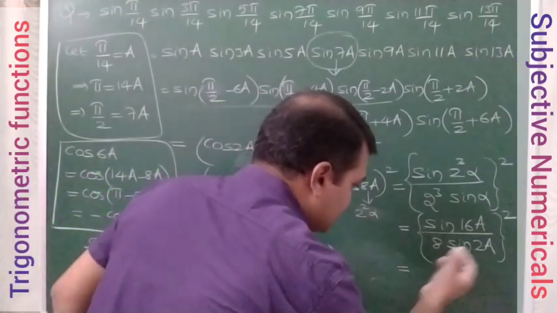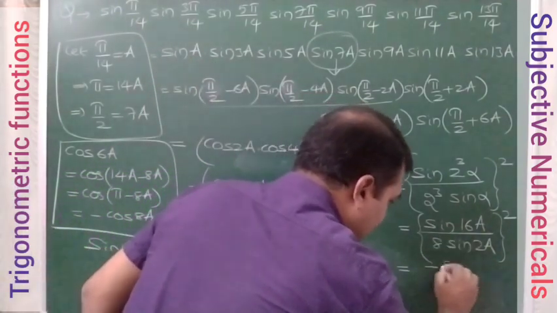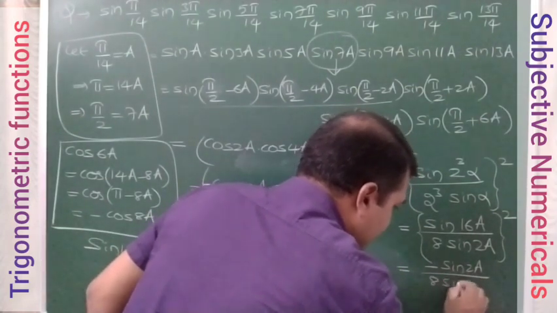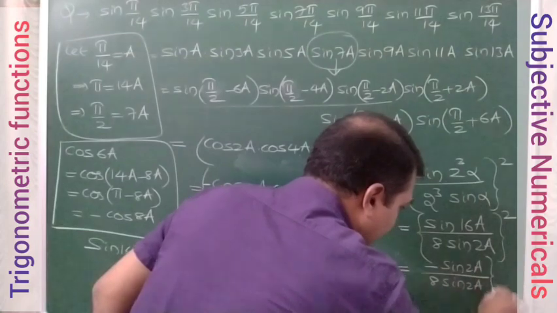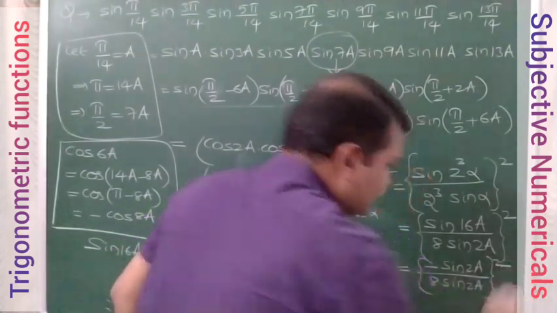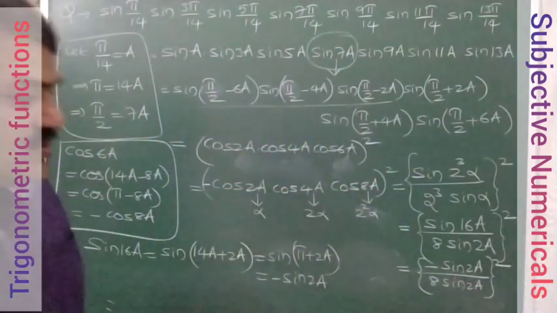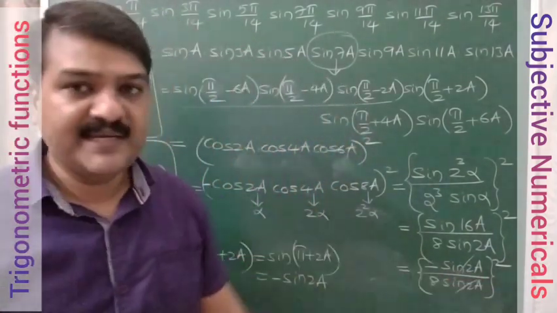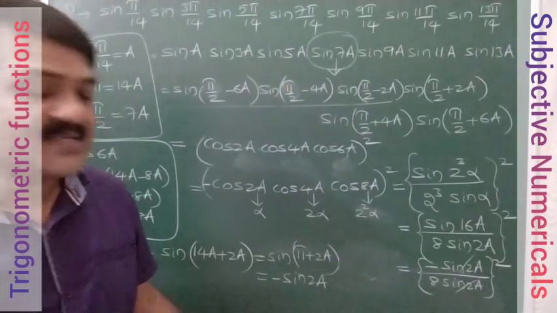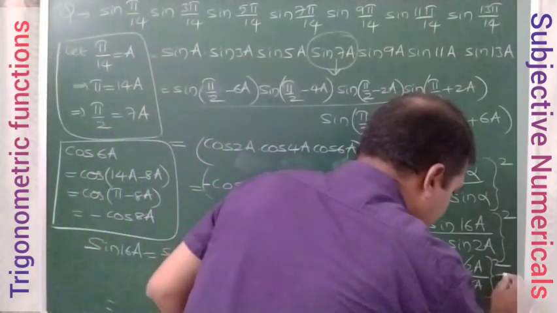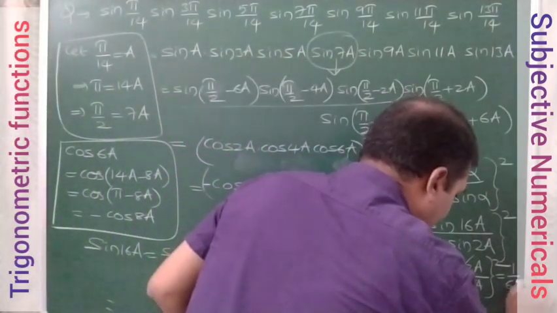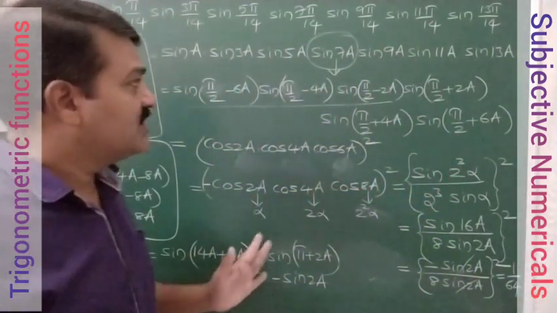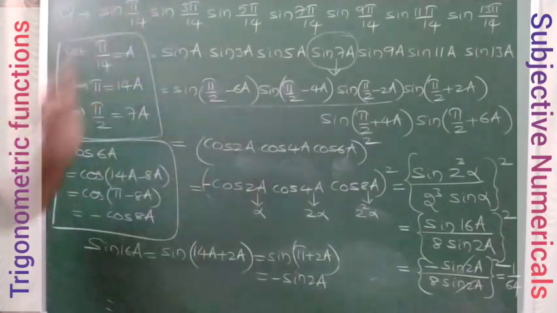So this becomes minus sine 2a by 8 sine 2a, whole square. So clearly sine 2a cancels. Means minus 1 by 8 whole square is left. And minus 1 by 8 whole square means 1 by 64 is our answer. 1 by 64 is the answer for this question.